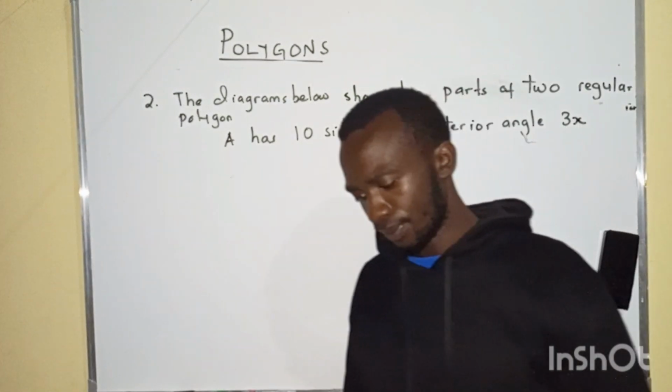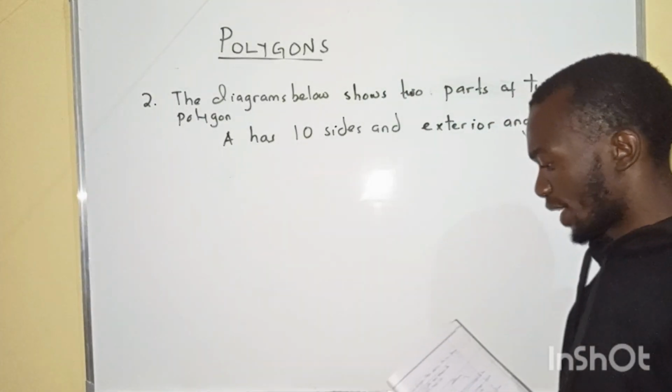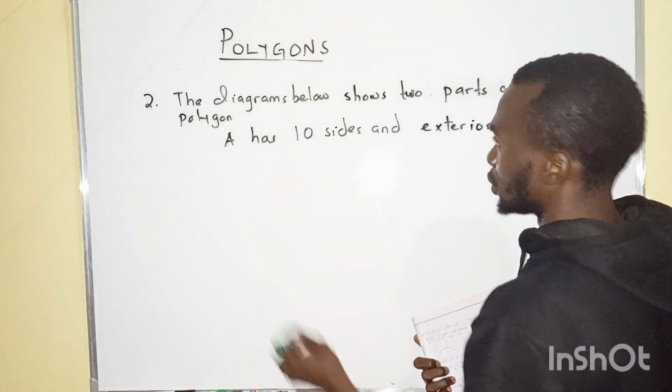That is part A. B has exterior angle 2x.